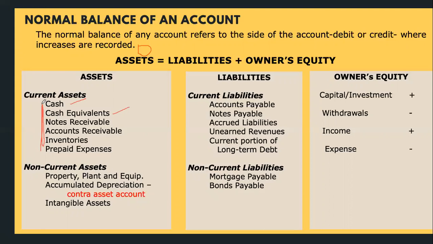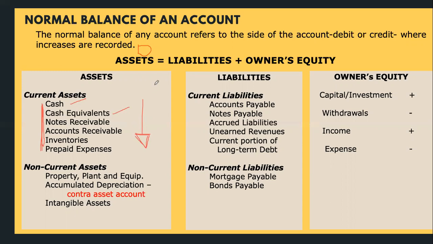Sir, what if the credit? Again, the normal balance of asset is debit. Sir, what if you credit cash? It means the balance of total asset will decrease because that is not its normal balance. So every time you debit an asset, it will increase its balance, but every time you credit the asset, it will decrease the balance of the total asset.